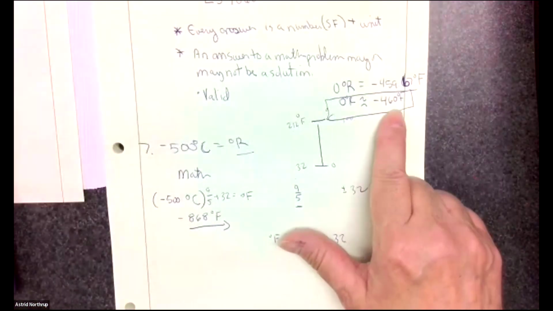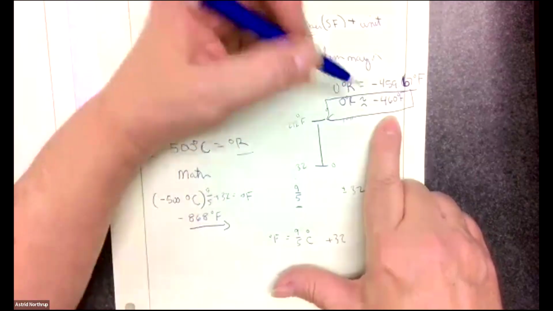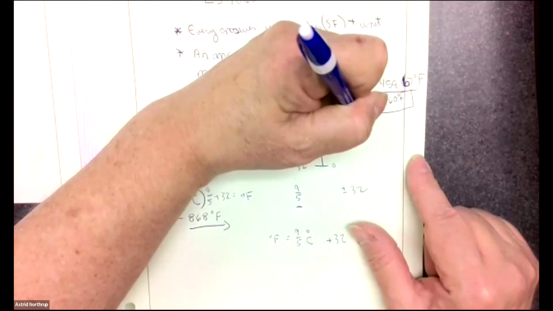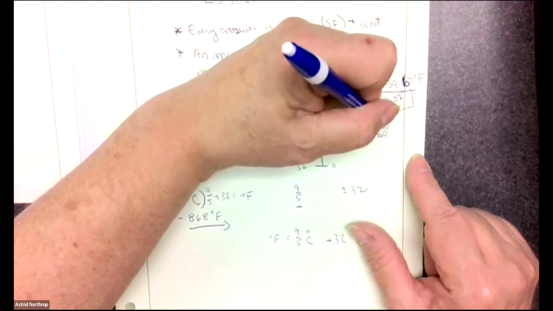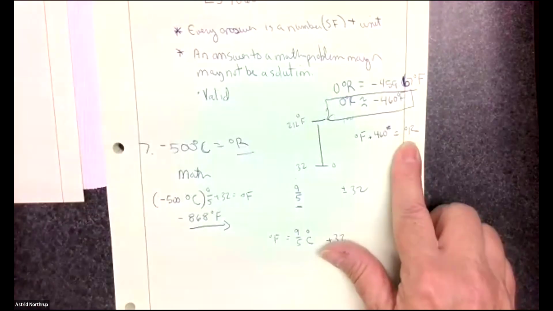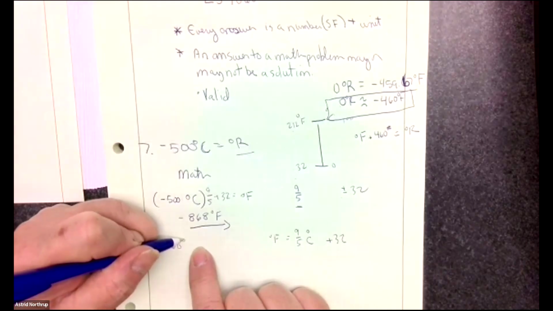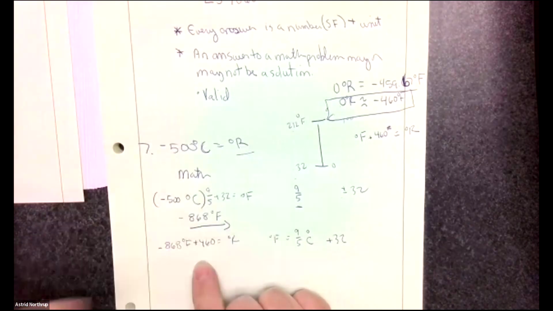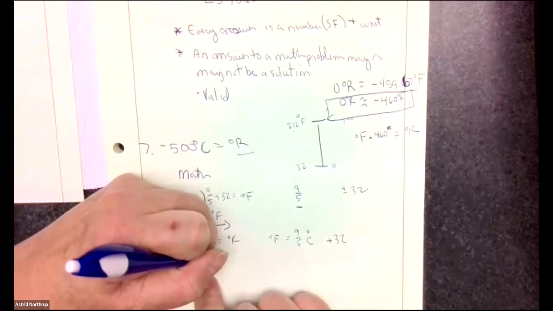So if I plug this in and I say 0 degrees Rankine is equal to negative 460 degrees Fahrenheit, what I can see is that to get from Fahrenheit to Rankine, I have to say degrees Fahrenheit plus 460 equals degrees Rankine. Okay, so to change this to Rankine, I would say negative 868 degrees Fahrenheit plus 460 equals degrees Rankine. And if I do that, I get that my original number equals negative 408 degrees Rankine.